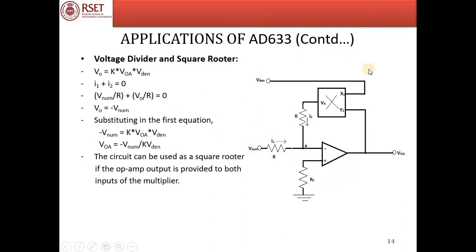Now, the same circuit can be used as a square rooter if both the inputs to the multiplier are the op-amp output. That is, X1 and Y2 are both given VOA as the input. Let us assume that the numerator value Vi is the input to be squared. V numerator is equal to Vi, and X1 and Y2 are both equal to VOA.